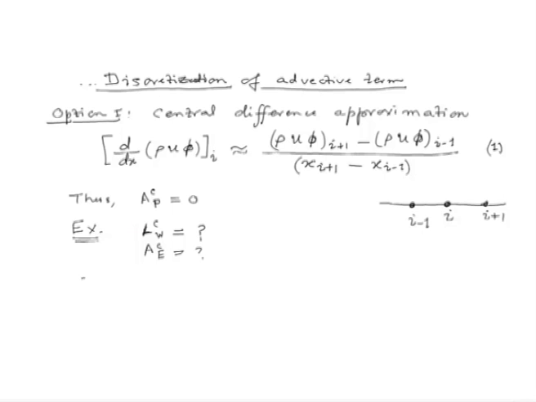Now, the remark which we had earlier made was, note, though this CDS is second order accurate, that is accuracy is second order, but it can produce oscillatory results.